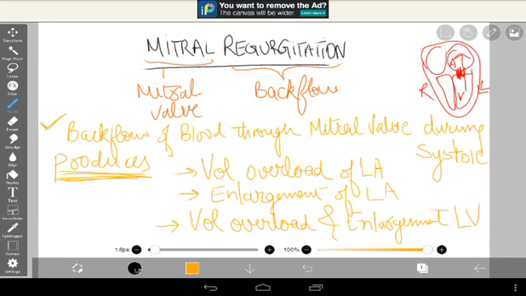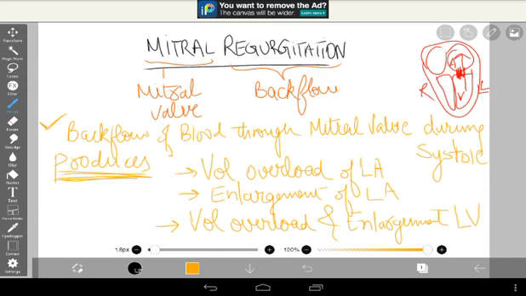That is volume overload of the left atrium, and due to that volume overload, enlargement of the left atrium occurs. Along with this, left ventricle enlargement also occurs, because the ventricle has to do more work to meet the cardiac output.